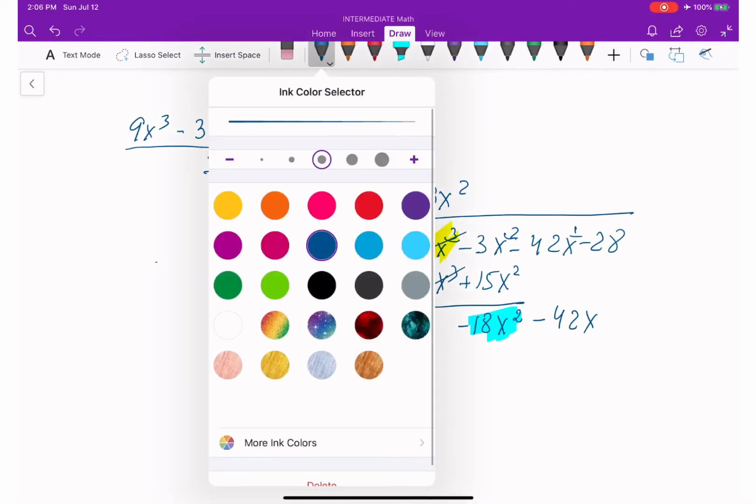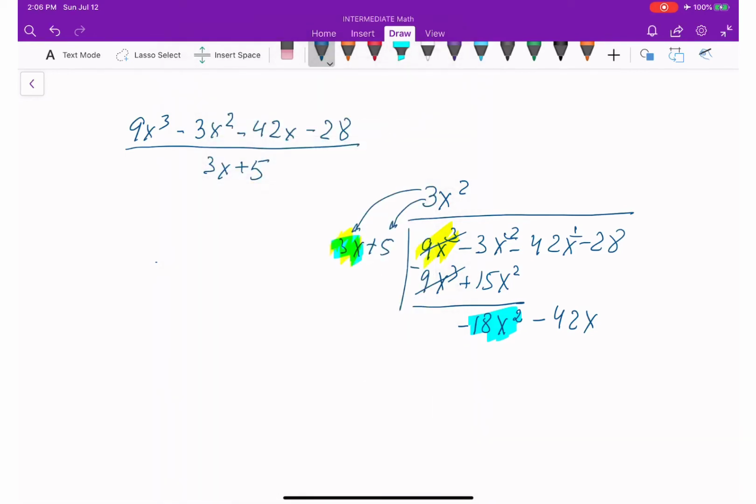And it's going to be, how many times? It's going to be negative 6x. Okay, so negative 6x times 3x, it's going to be negative 18x squared. There we go. And negative 6x times 5, it's going to be negative 30x.